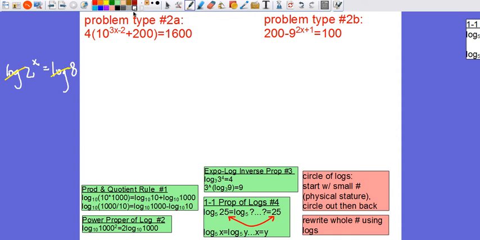You can actually go in reverse order. If your problem originally looked like this, you can add a log to one side, add a log to the other, and then move this guy over.